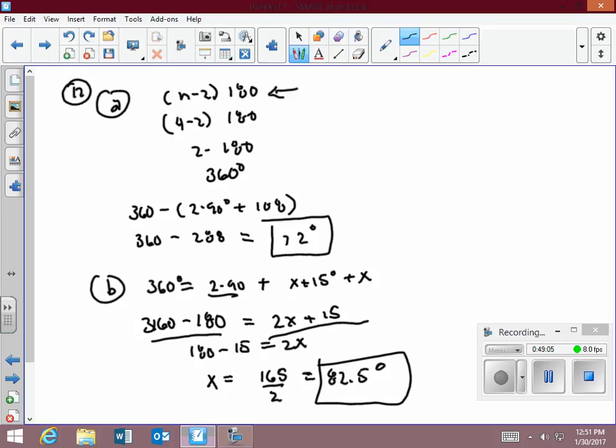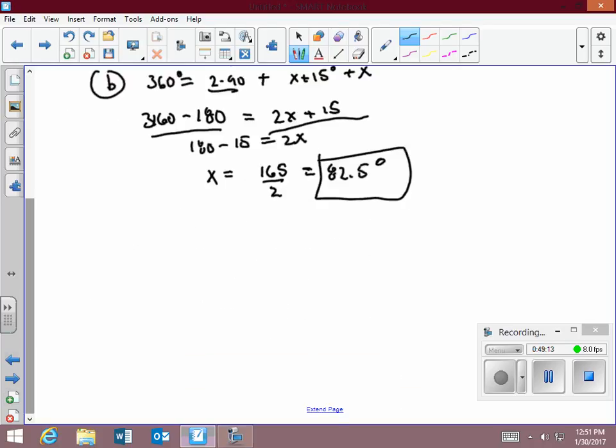C is pretty straightforward. D would be a little bit, let's look at D. Professor, why is C straightforward? How do we know those C angles are congruent? They're just telling you.